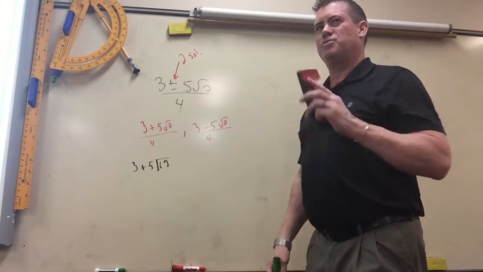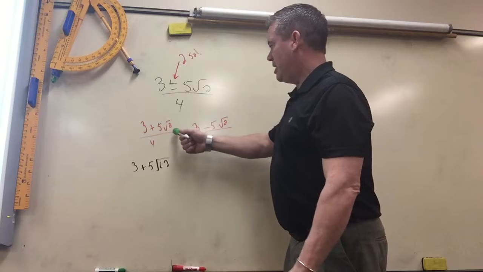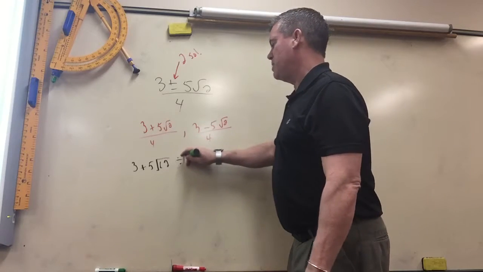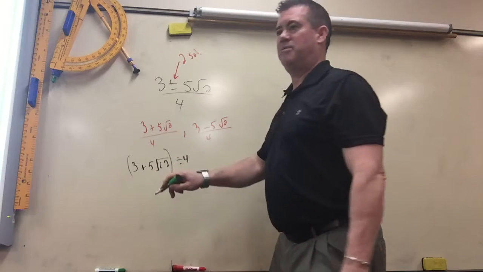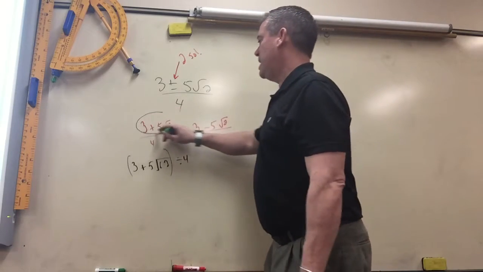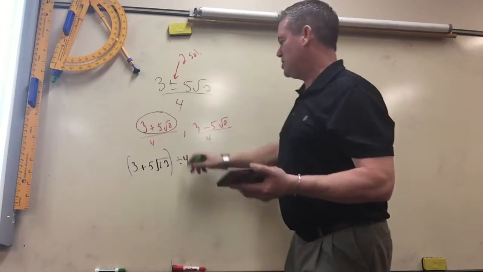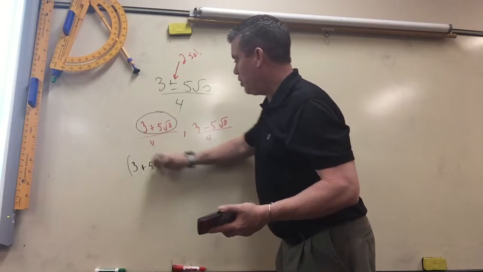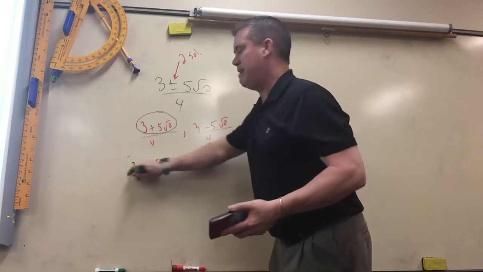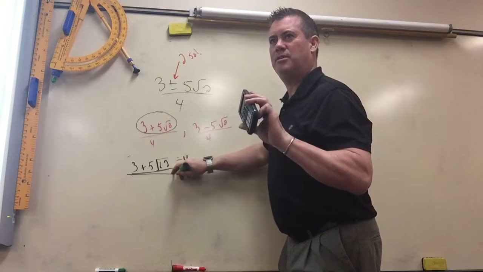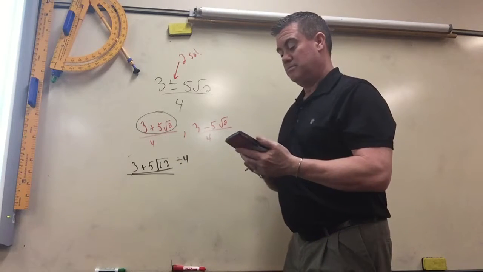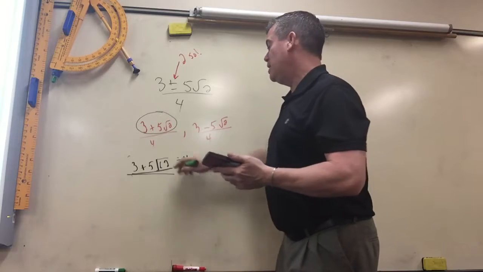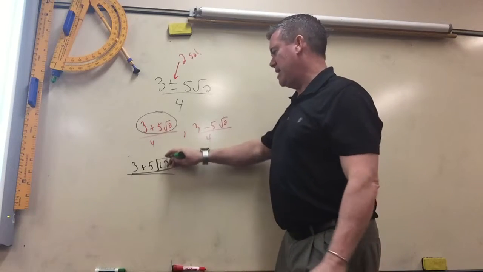Now, this is where people mess up. Because it's divided by 4, if you just press divided by 4, it's gonna be wrong. Because this whole part here is divided by 4. This whole top. So the easiest thing to do is, before you do the divided by 4, after you punch that in, what should you do? Press enter or equals. You don't have to put it in parentheses if that's all it is.